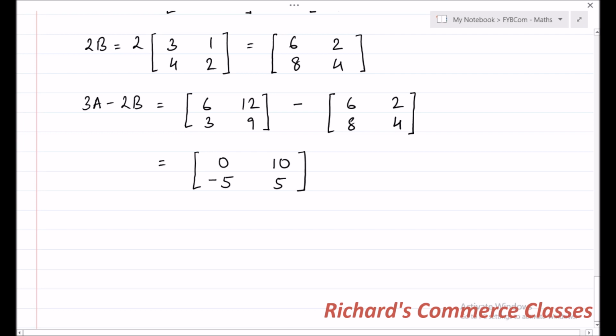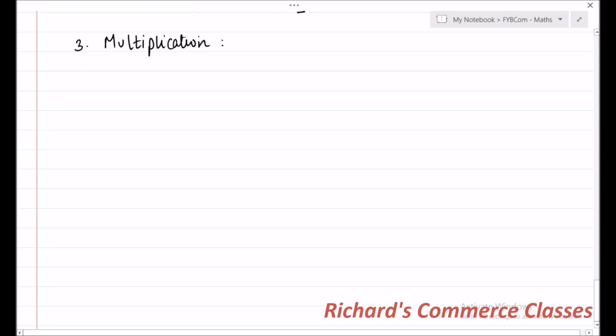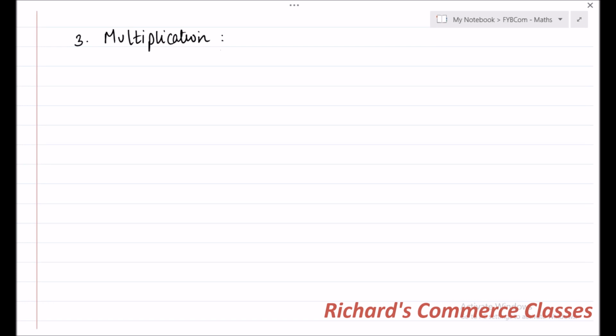Let's move on to the next, that is multiplication. Now multiplication is important, and let's see how to multiply two matrices.